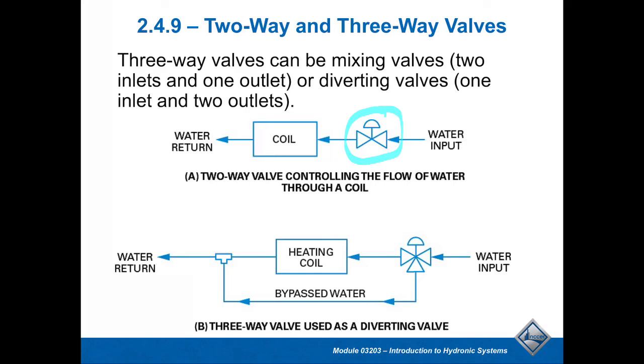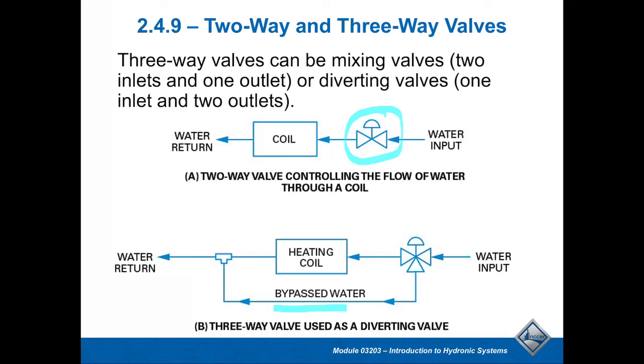On your commercial jobs, it could either be a 3-way mixing valve, or it could be a diverting valve. And the difference is essentially the number of inlets. On a mixing application, we would have 2 inlets that would mix and give you 1 outlet, such as when you have some hot water and some colder water, and you come up with a mixed outlet.